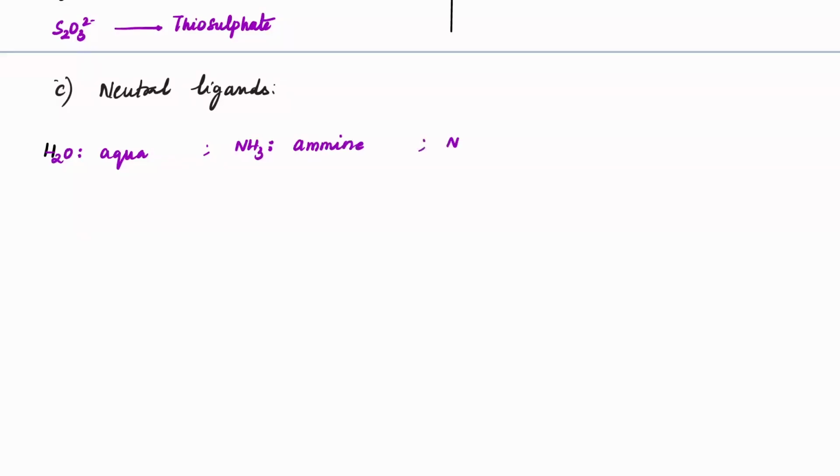Next we have CH3NH2. This is written as methylamine. Mind you, very important part here is it is only the ammonia which gets this double M. Rest all amines are simply single M. Okay, so that level of detailing is important.